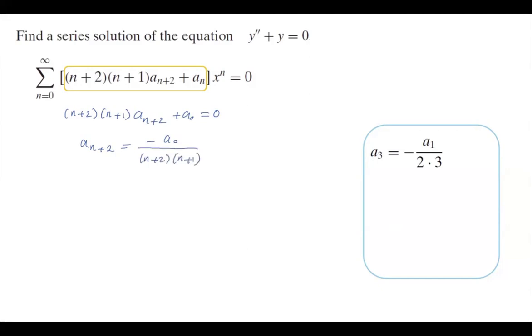So if I plug in 1 for my n, I get a sub 3, which is negative a sub 1 divided by 2 times 3.